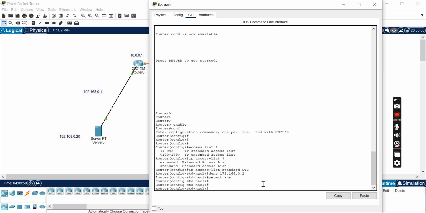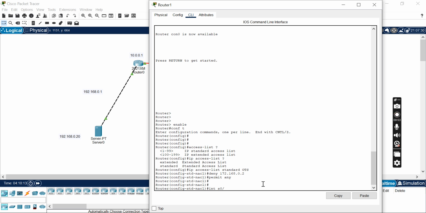Okay, so I'm just going to configure my inbound and outbound process with my Ethernet configuration. So this time I have to write in here interface serial port 0/0.